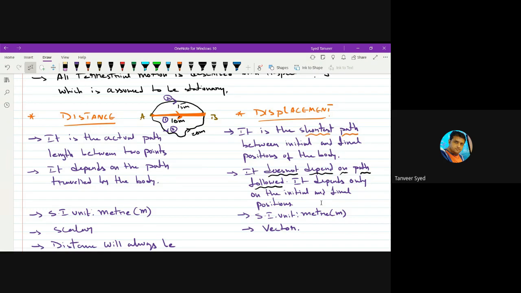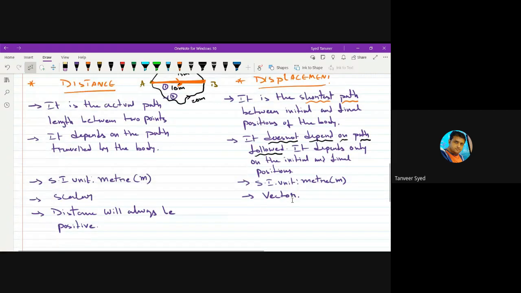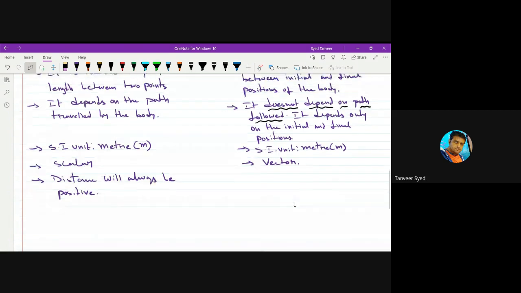If a body moves, then the path that it covers, 1 kilometer, 1 meter, 1 centimeter, 1 millimeter, whatever the path is, this cannot be negative. If you measure the distance traveled by a body with a scale or a tape, you can never get a negative value, right? Whatever value you get, it will be positive. So distance is always positive.